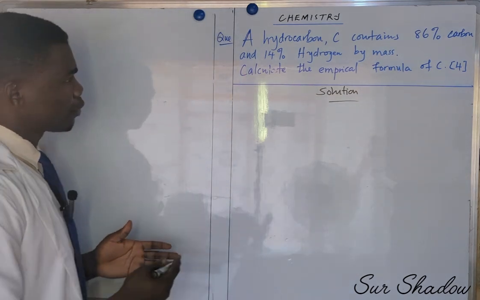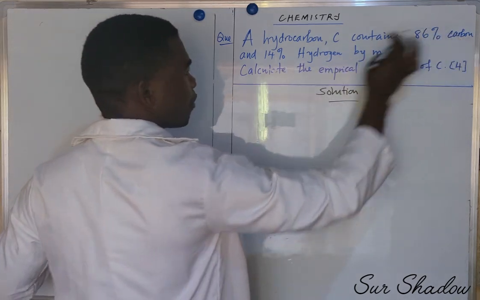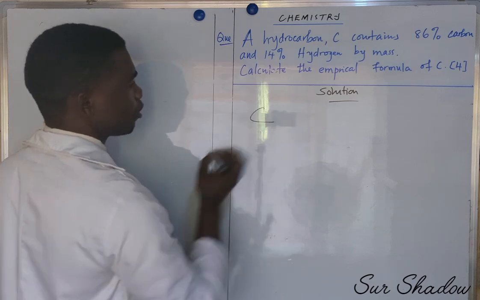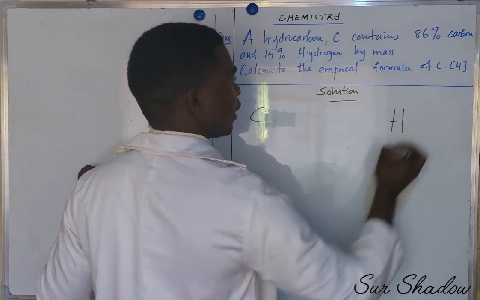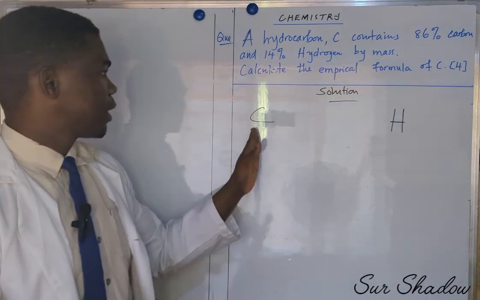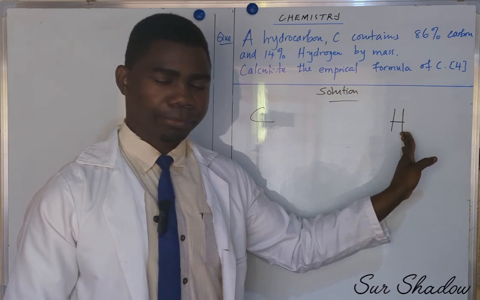So basically what you have to do first is, remember we are given carbon and also hydrogen. For carbon, I can just use the letter C. For hydrogen, I can use the letter H, right? From the periodic table, this one is the symbol for carbon, this one the symbol for hydrogen.